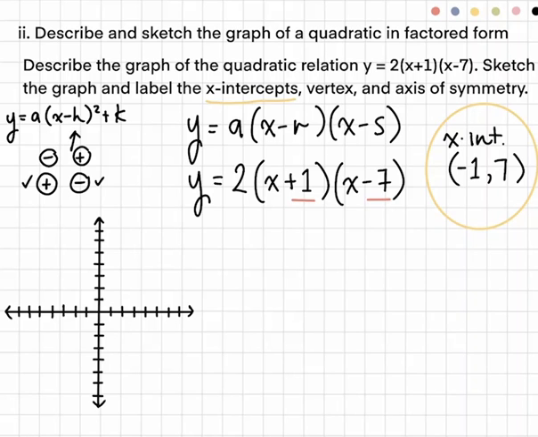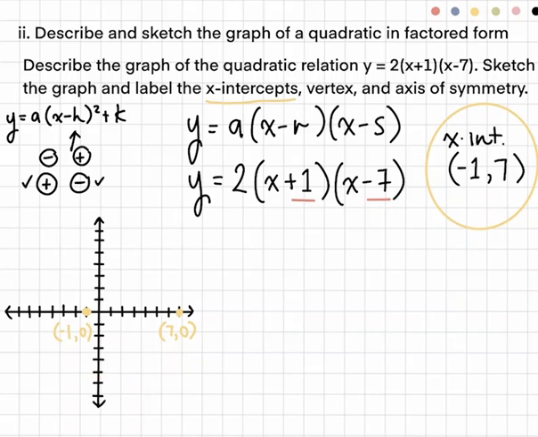Okay, so if I know that one of my x-intercepts is at -1 and 0, and the other one's at +7, 1, 2, 3, 4, 5, 6, oh, this is just big enough, excellent, 7, I know that my vertex has got to be directly in the middle of these 2 points, okay?